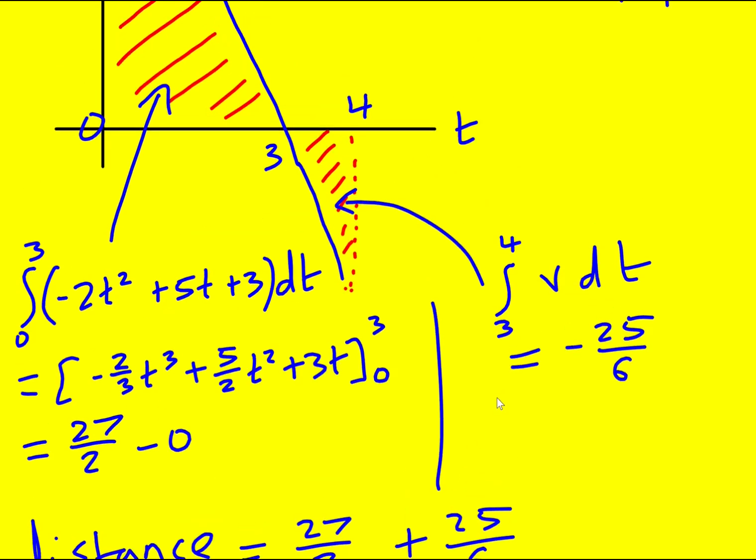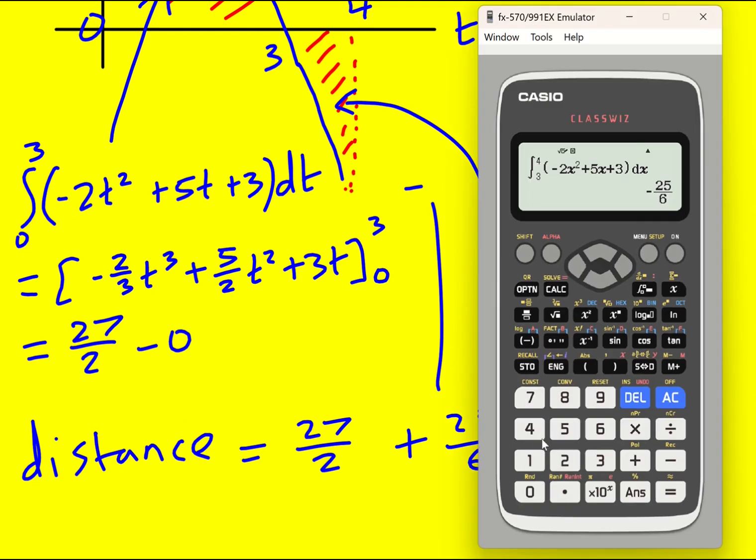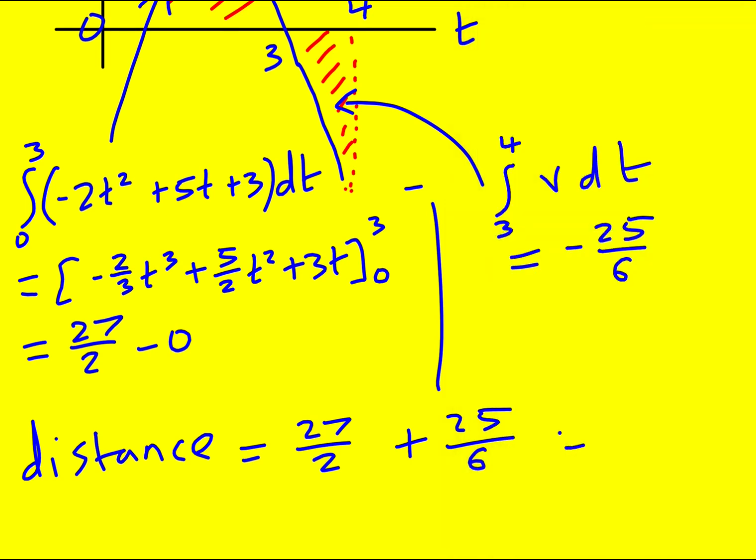By the way, you could have written this as a single integral as this minus this, because then you get a double negative. So you can do that. So 27 over 2 plus 25 over 6, 53 over 3, or 17 and 2/3.